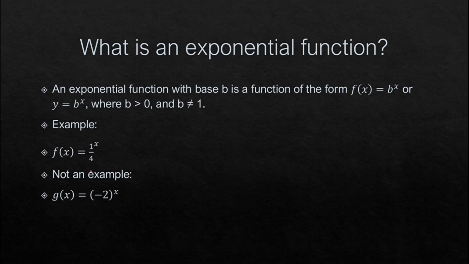Another example is g of x is equals to negative 2 raised to the power of x. Why is this not one? Because it says here that b has to be greater than 0.